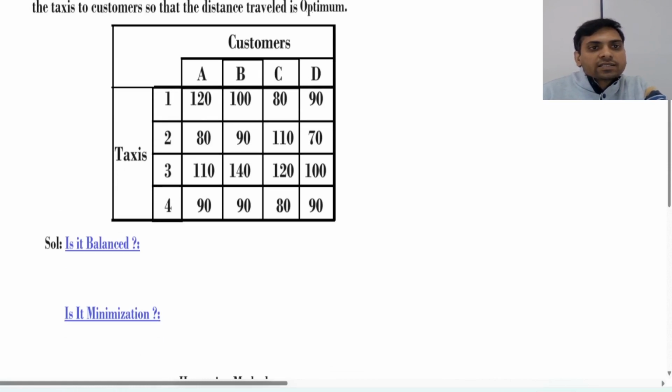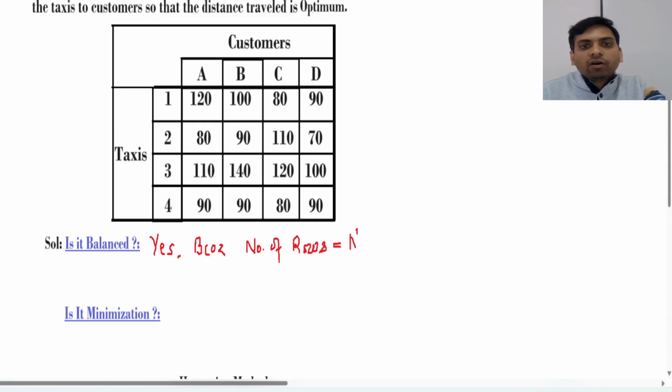Your answer is yes, because reason is what? Yes, because number of rows equals to number of columns. This is the first point in all assignment problems.